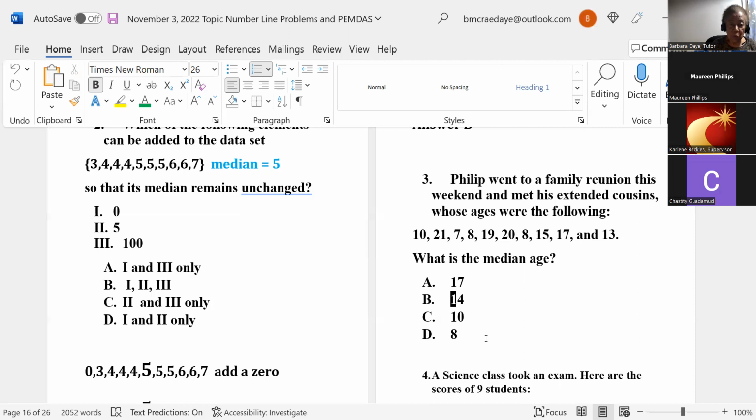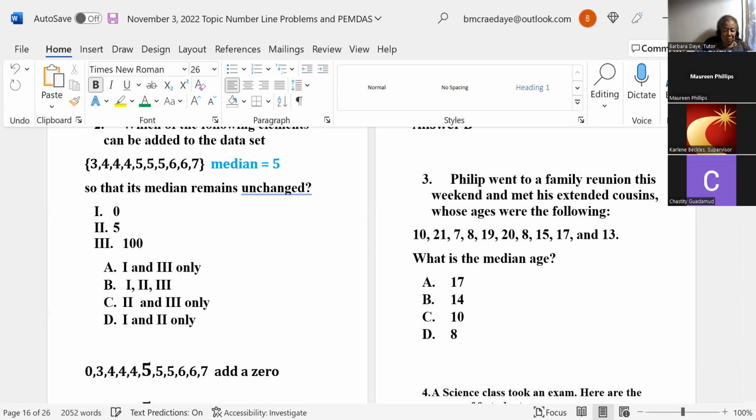Let's see, there's 4, 7, 10 numbers, right? 1, 2, 3, 4, 5, 6, 7, 8, 9 numbers. No, there are 10. I missed one. That means 2 numbers are in the middle.